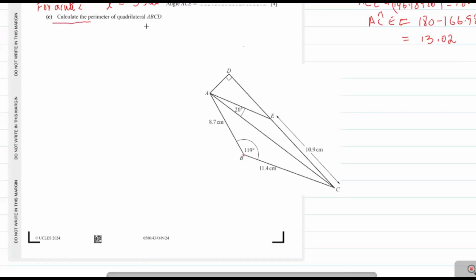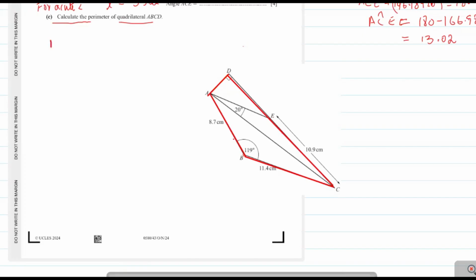Part C, calculate the perimeter of quadrilateral ABCD. Look here, this is the quadrilateral A, B, C, D. We have to calculate the perimeter.